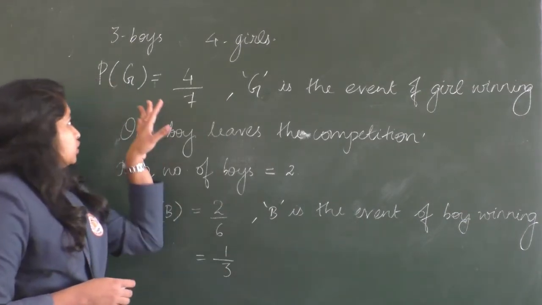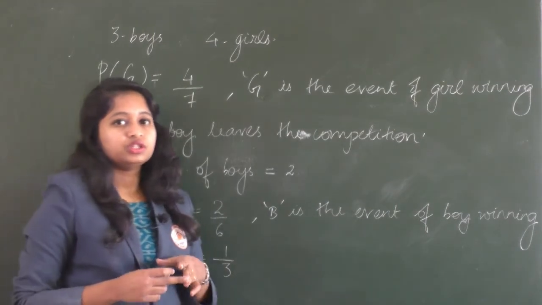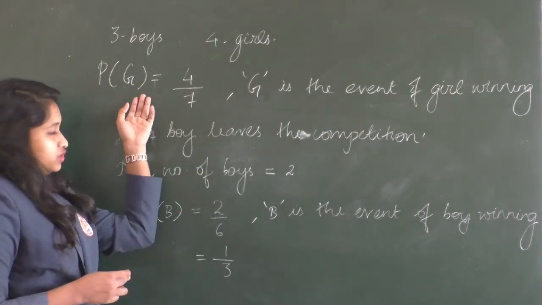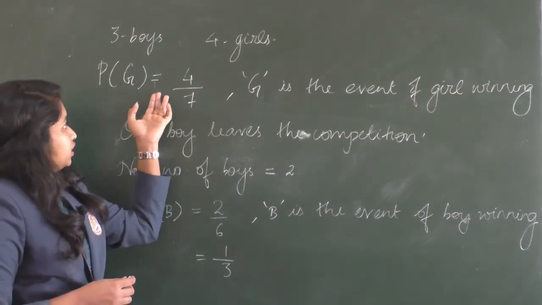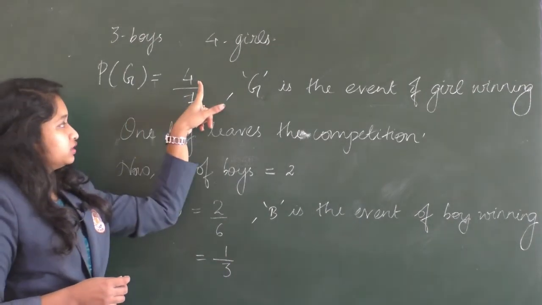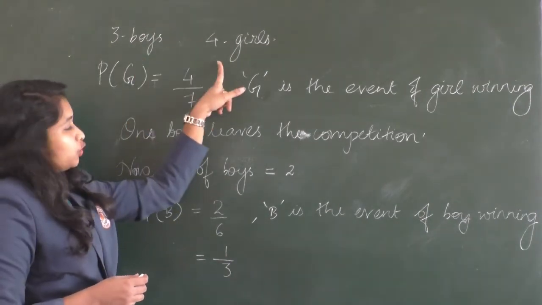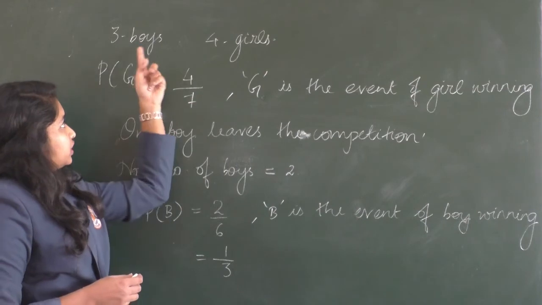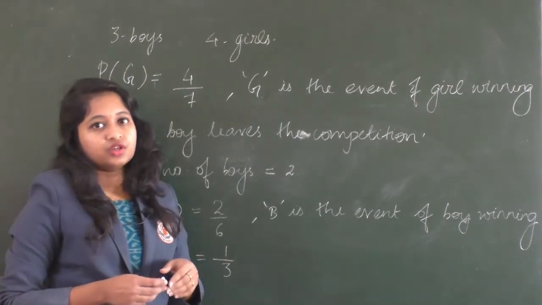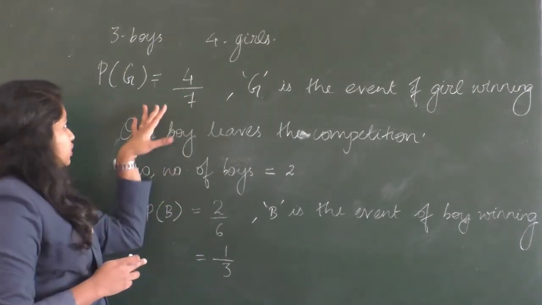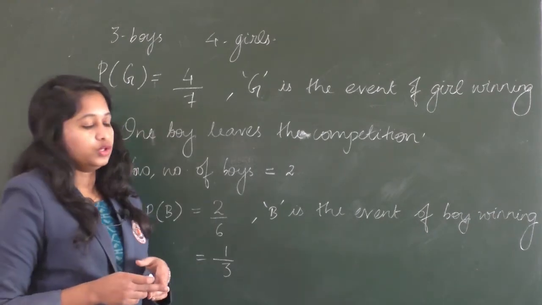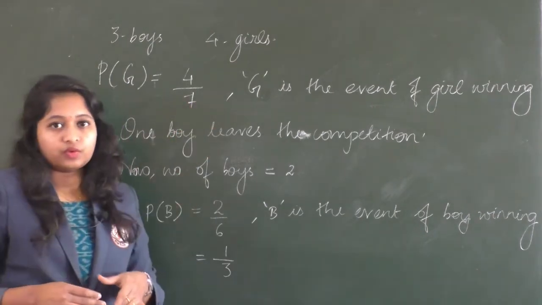So the probability of a girl winning is P of G, that is equal to the number of girls 4 divided by total, that is 3 plus 4, which is 7. So the probability of a girl winning the competition is equal to 4 by 7.